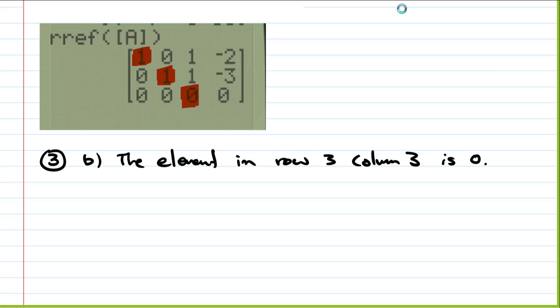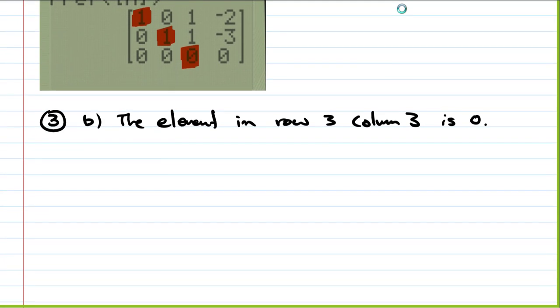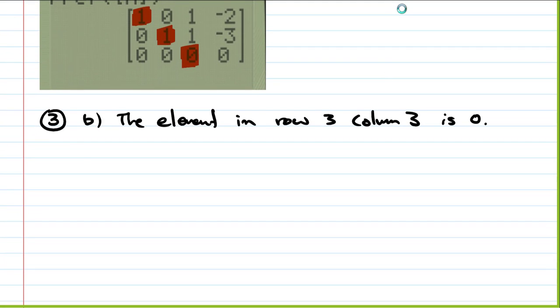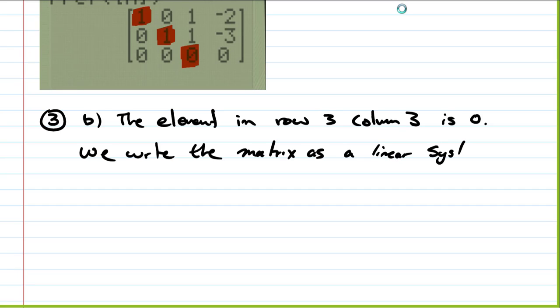So the way we can tell is when this happens, we write the matrix as a linear system. So our first equation is x plus z is equal to -2.